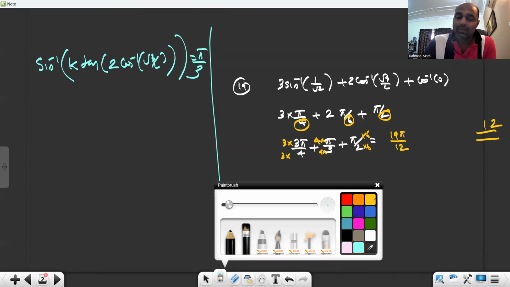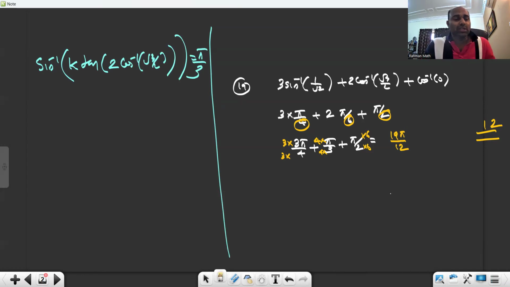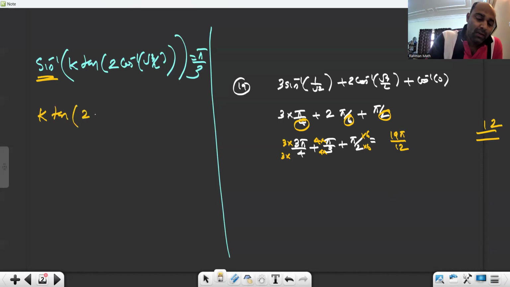Your first procedure is to find the K value. Transpose the sine inverse to the other side. The remaining things: K tan 2 cos inverse root 3 by 2 equal to sine pi by 3.